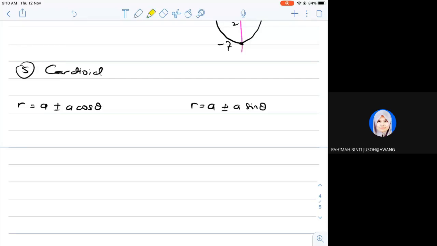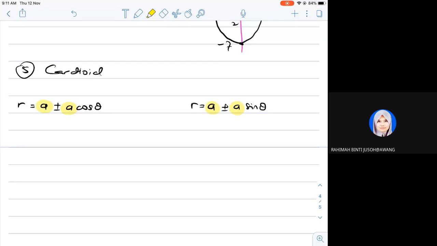Okay, now why I put a and a? The condition for the equation to be a cardioid is the values must be the same. Okay, there should be same value, a plus a. Kalau a kat sini 3, plus 3 lah. Okay, if we have 7, should be plus 7. Okay, the same thing happen here. The value should be the same.